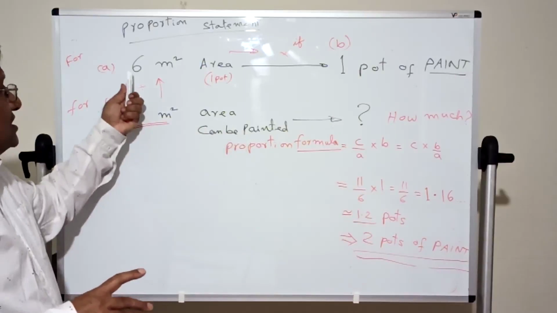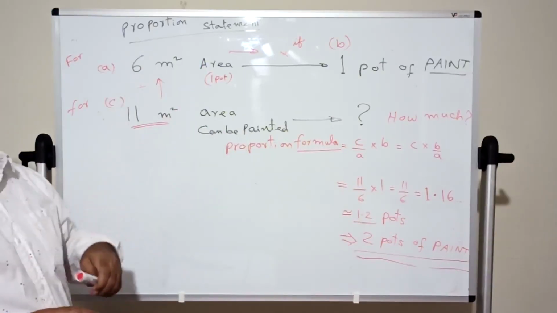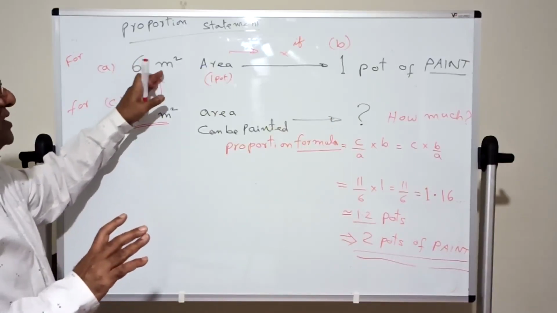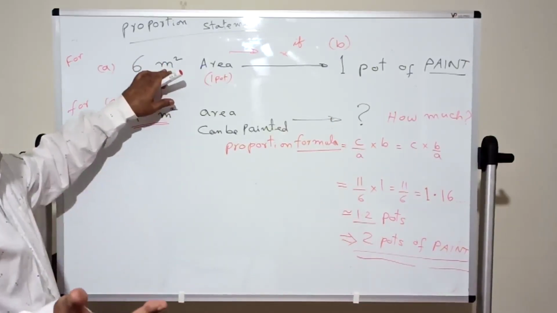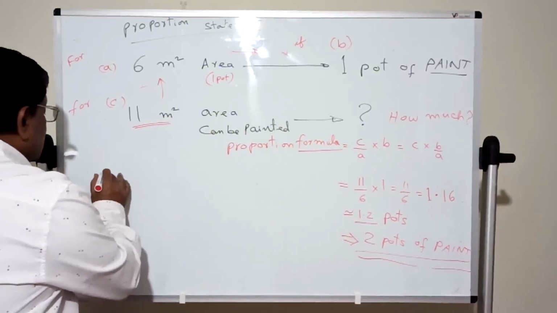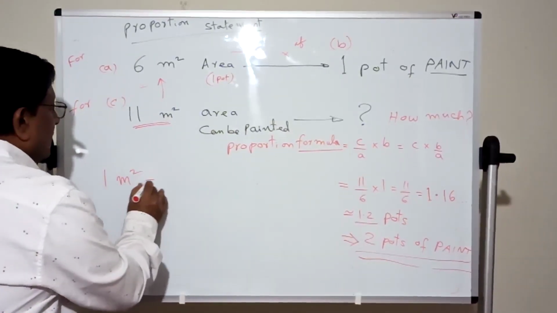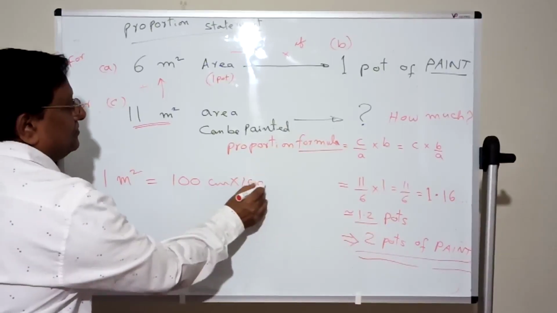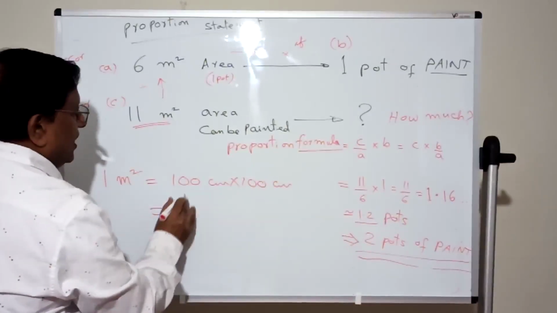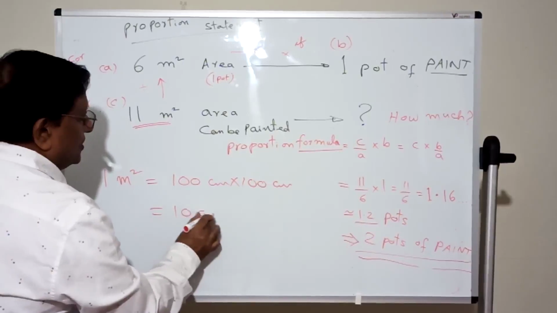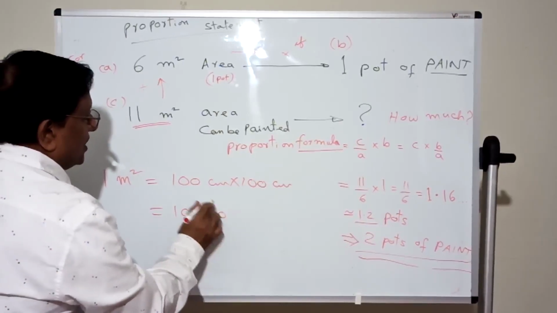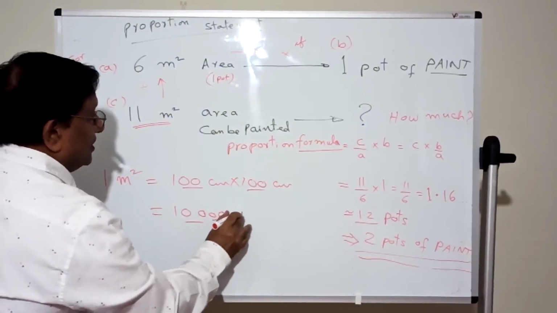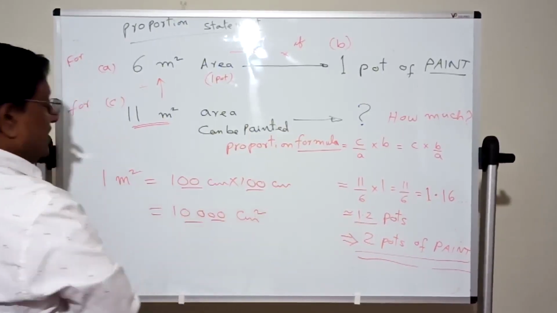Even this 6 square meters you have to convert into square centimeters, or vice versa. 6 square meters in square centimeters: each square meter is how many square centimeters? 100 cm times 100 cm. This is 100 times 100 is 10,000, because 4 zeros are there. 10,000 square centimeters is 1 square meter.